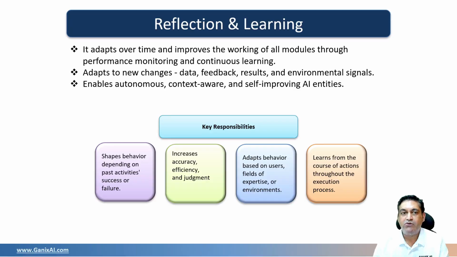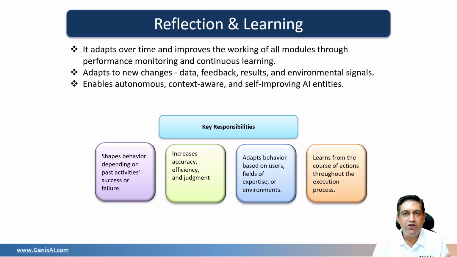Now let's talk about the most important and powerful capability of agentic AI, which is reflection and learning. Unlike traditional AI agents which perform the task and stop, after performing the task, agentic AI analyzes its own performance, identifies what went well and what went wrong, and then learns from the experience.